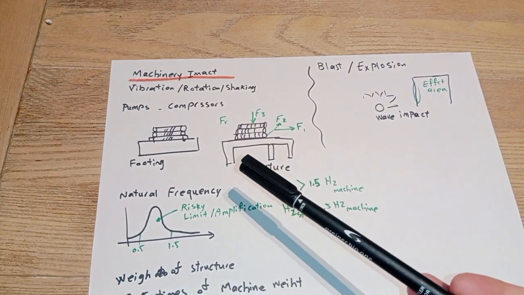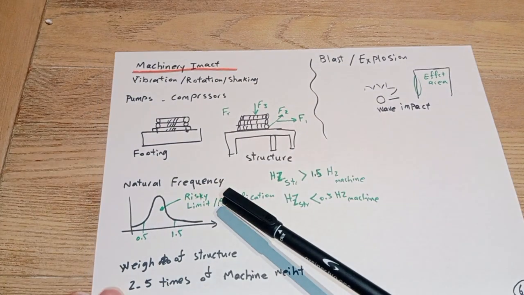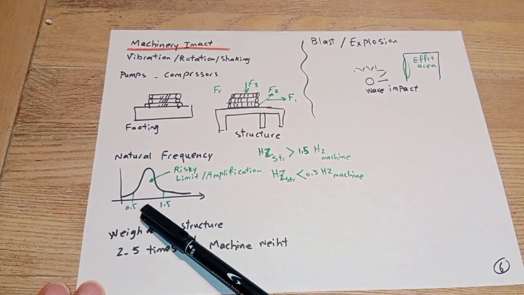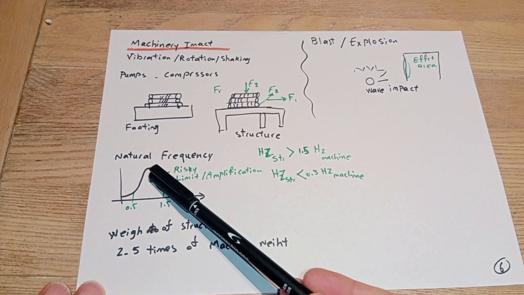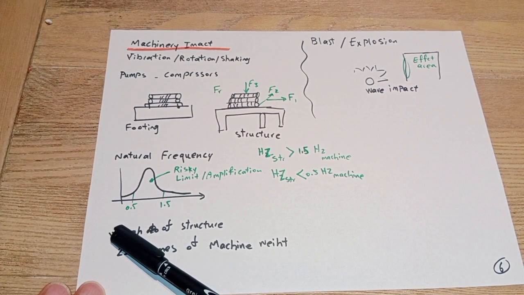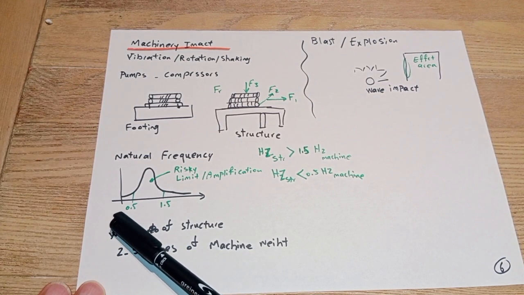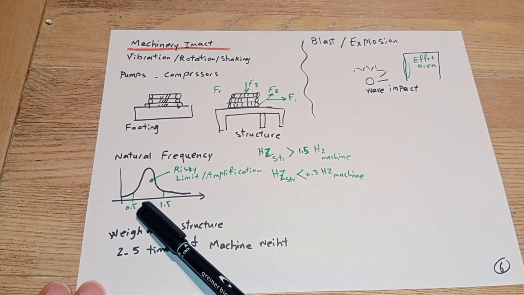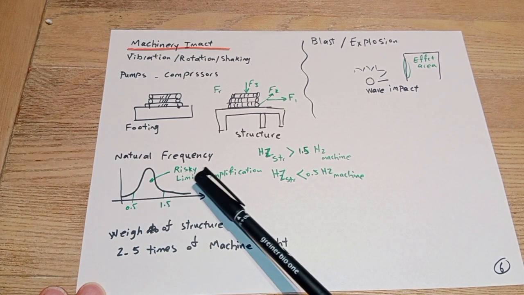But to design these things, a very simple starting point is that we always have the frequency of the structure and frequency of the machine to match, and between 0.5 to 1.5 of the frequency of the machines, we will have amplification effect.